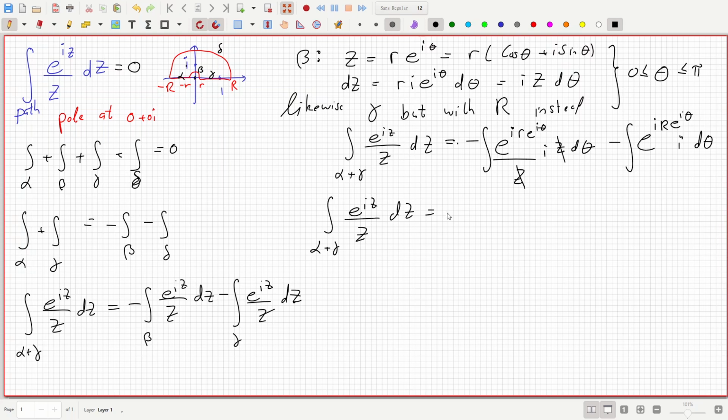Now what we're going to do is take the big radius going to infinity and the small radius going to 0. That's what's going to happen now. So this arc gets pushed out to infinity, these extend to infinity, and this starts to shrink down. So we'll apply that now.